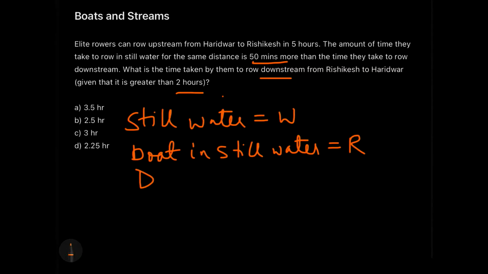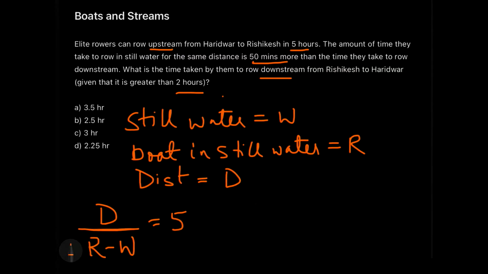The distance between Haridwar and Rishikesh remains the same, so let us take it as d. As per the first information, time is equal to distance by speed. So can I write that distance d divided by upstream speed, which is r minus w, is equal to 5? Yes, this is the first thing I have found from the first line.